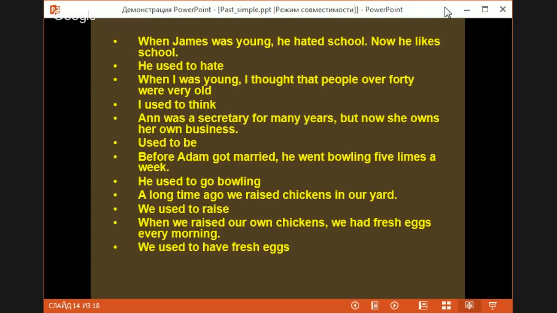And yes, when we raised our chickens, we used to have fresh eggs every morning. A very interesting and nice eco-style life. And the final one.